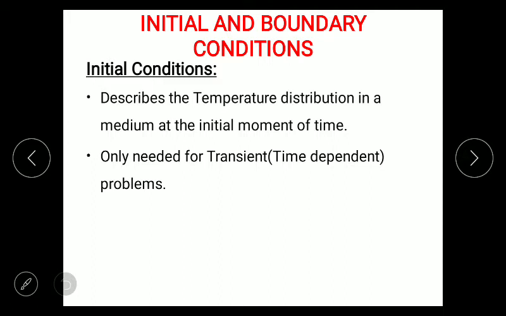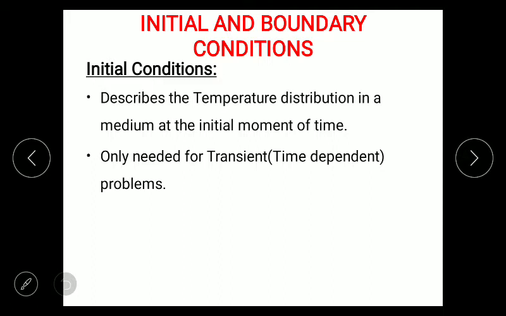We are going to learn what this unsteady state, the transient heat transfer, is in the next slides. The initial conditions give us the details regarding the temperature at the beginning of the heat transfer process, and are mostly useful for the transient or unsteady state heat transfer process.